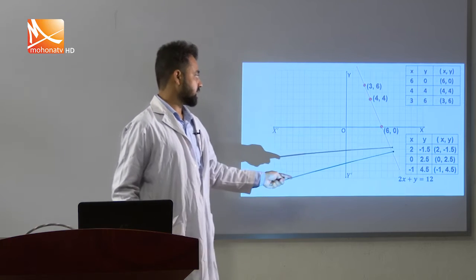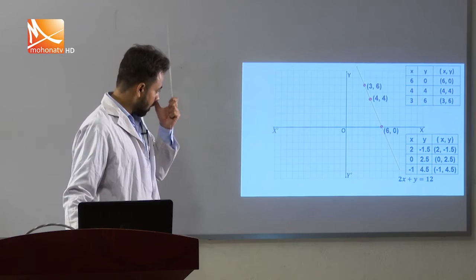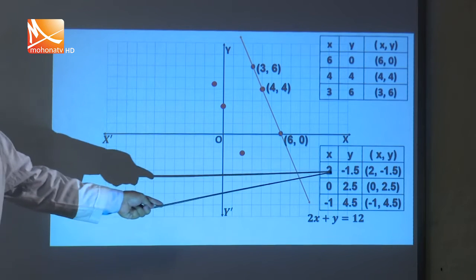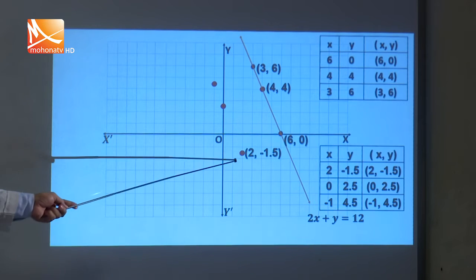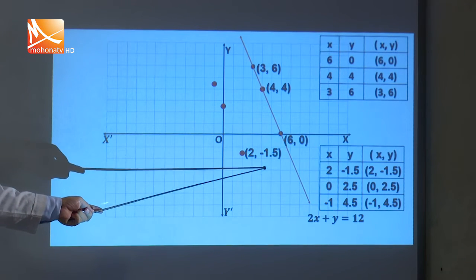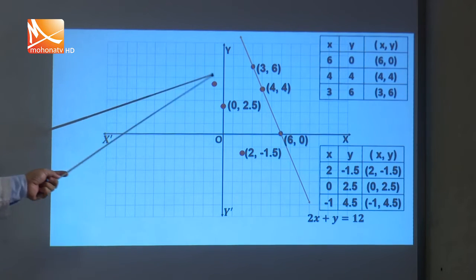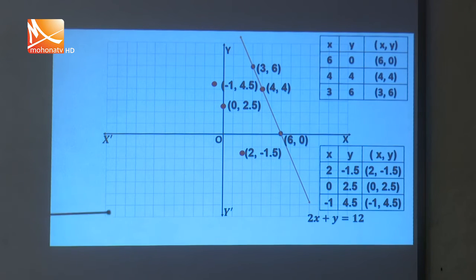And our second set of points is this. So, let us plot these points. So, these are the points for the second table, and this is the point (2, minus 1.5), and this is (0, 2.5), and this is (minus 1, 4.5). Okay.